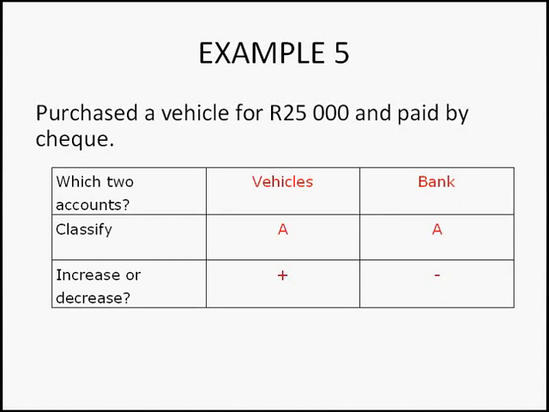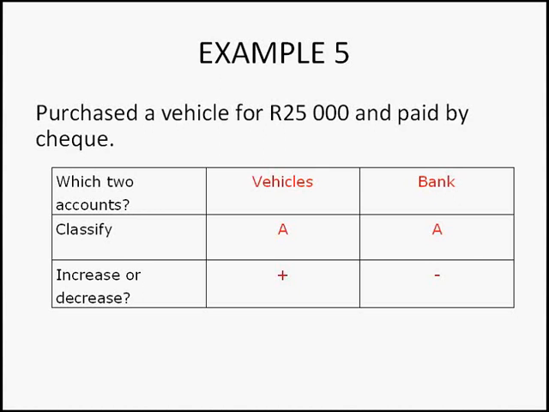Vehicles is something the business owns, so it's an asset. But bank is also something the business owns. It's also an asset. So now it's very important for us to look at what happens. Does it increase or does it decrease? When I buy a vehicle, then the vehicles account or the asset account increases because I have more vehicles now. But because I paid for it by check, my bank account will now be less because I took money out of the bank to pay for it.